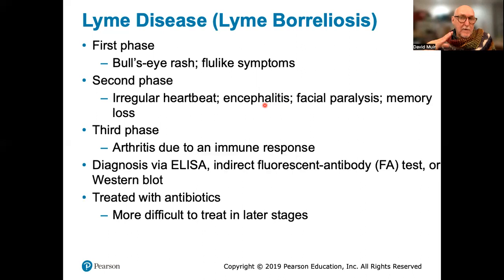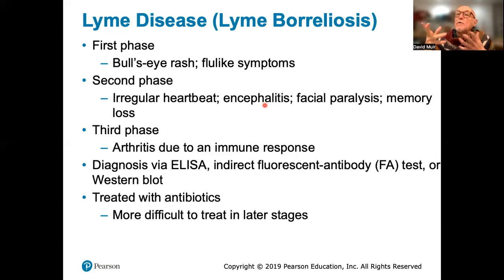But there is a third phase, which some people unfortunately go into, which is a long-term chronic phase where the immune system begins to react against our own tissue, against the host tissue, as a result of the immune response to the spirochete.